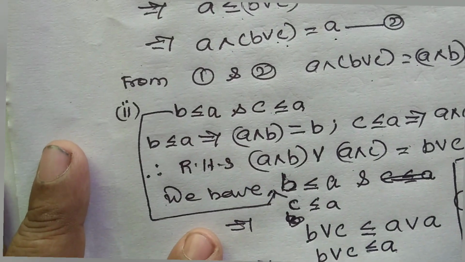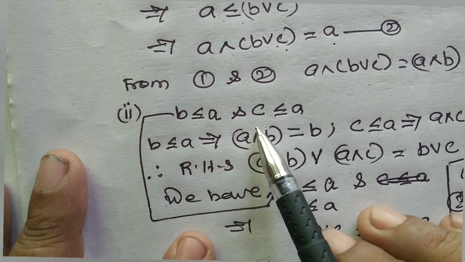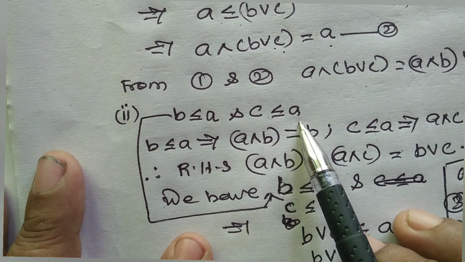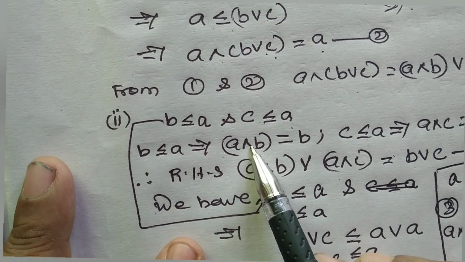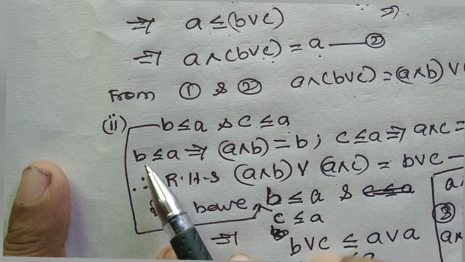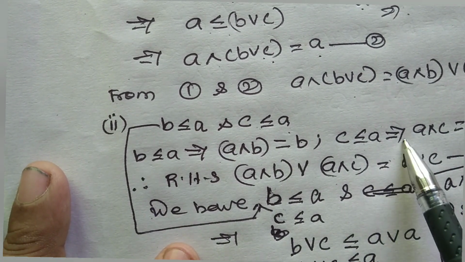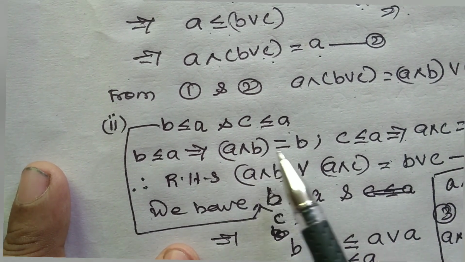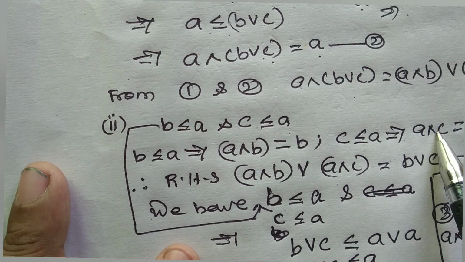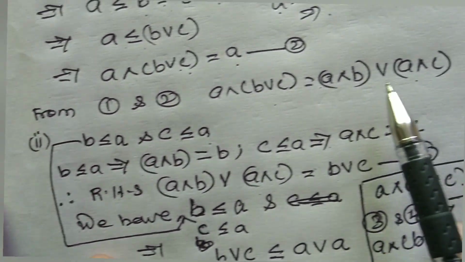Now we go through the second condition. What is the second condition? B less than or equal to A and C less than or equal to A. So B less than or equal to A means A and B is equal to, we take the AND condition, the least value. So the least value is equal to B. Also C less than or equal to A implies A and C is equal to C. A and B and A and C are the RHS value of the equation.